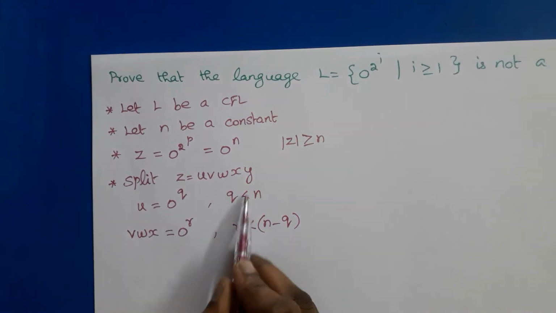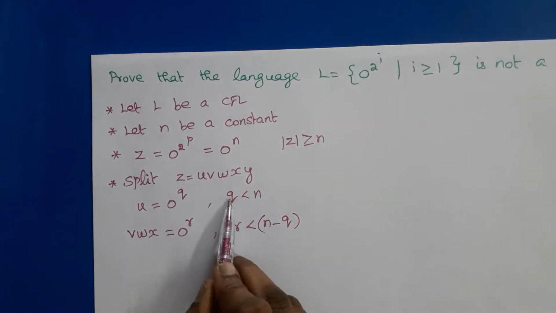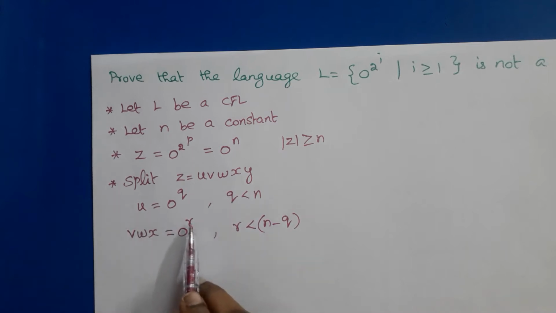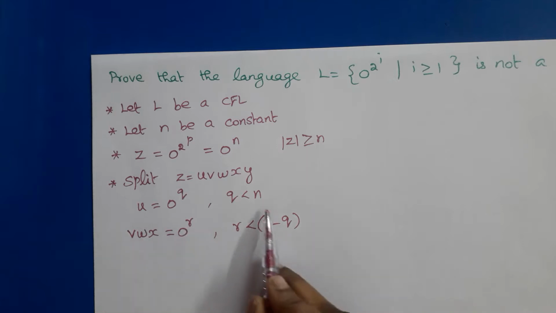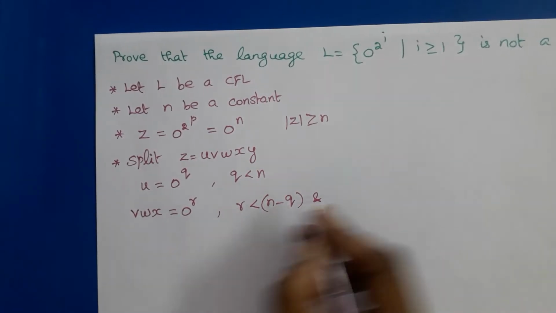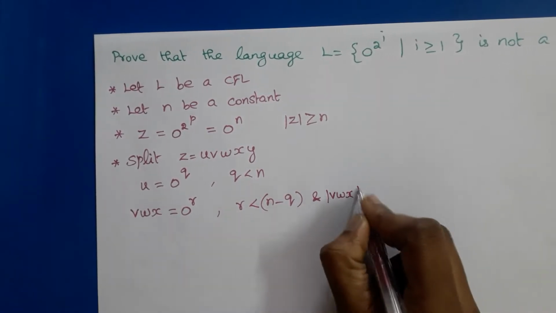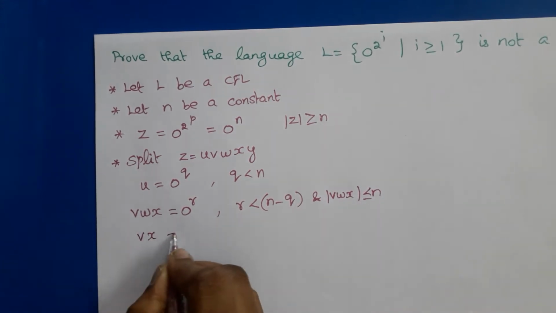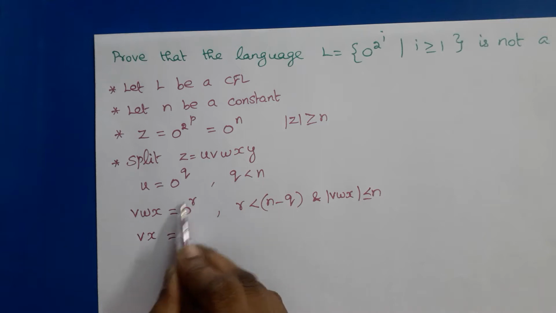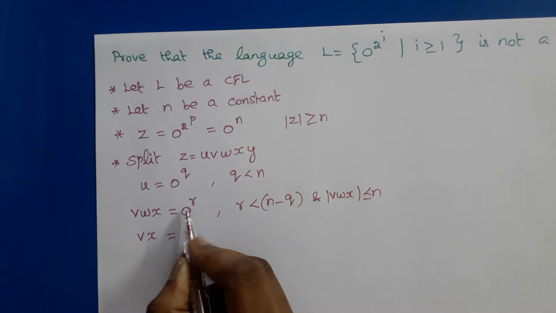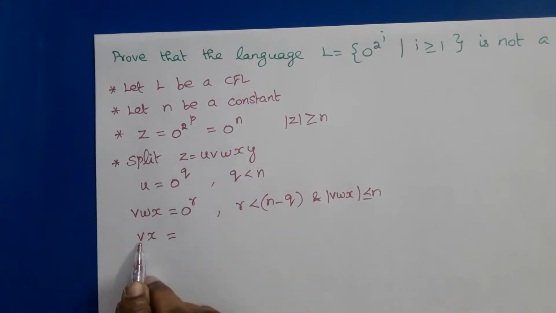Out of the total N zeros, Q zeros are assigned to U, and from the remaining portion R is assigned to VWX. So definitely R is less than N minus Q. Another condition is that the length of VWX is less than or equal to N. Then for VX, out of the R zeros assigned to VWX, some number of zeros are assigned to VX.